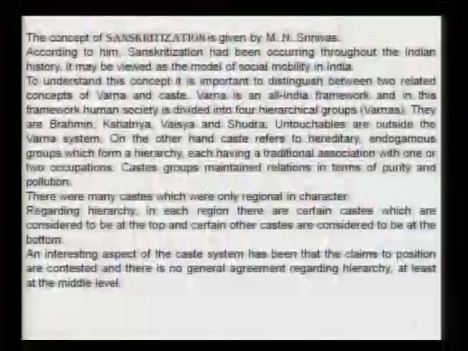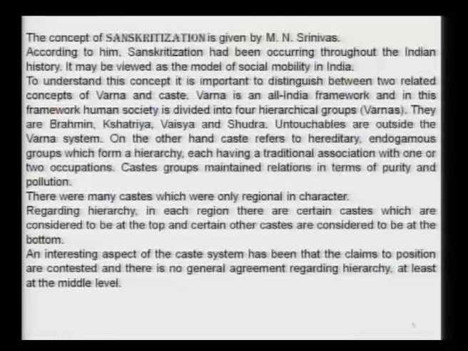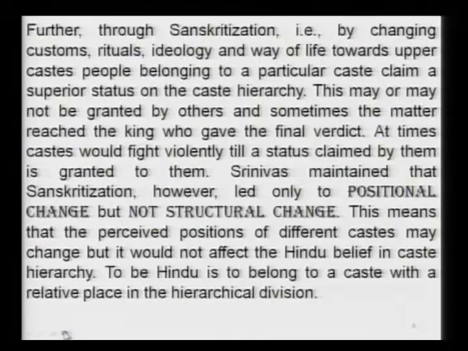Varna, as I said, is an all India framework, and in this framework human society is divided into 4 hierarchical groups: Brahmin, Kshatriya, Vaishya and Shudra. Untouchables are outside the Varna system. On the other hand, caste refers to hereditary endogamous groups which form a hierarchy, each having a traditional association with 1 or 2 occupations, and caste groups maintain relations in terms of purity and pollution.